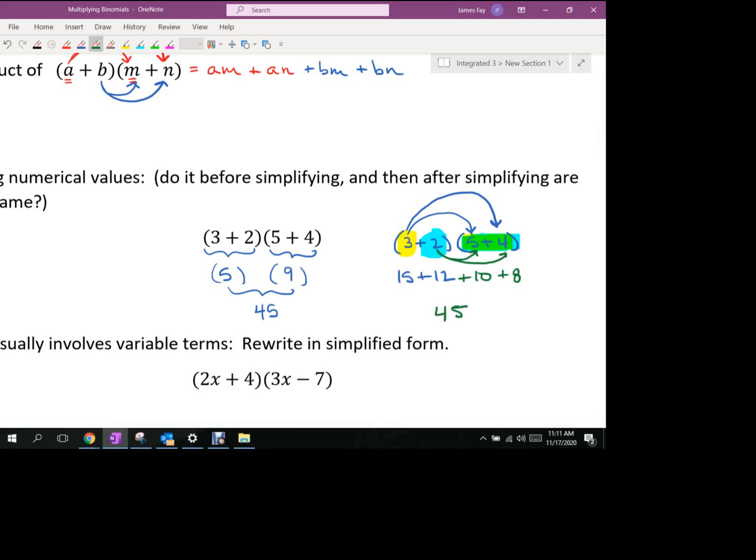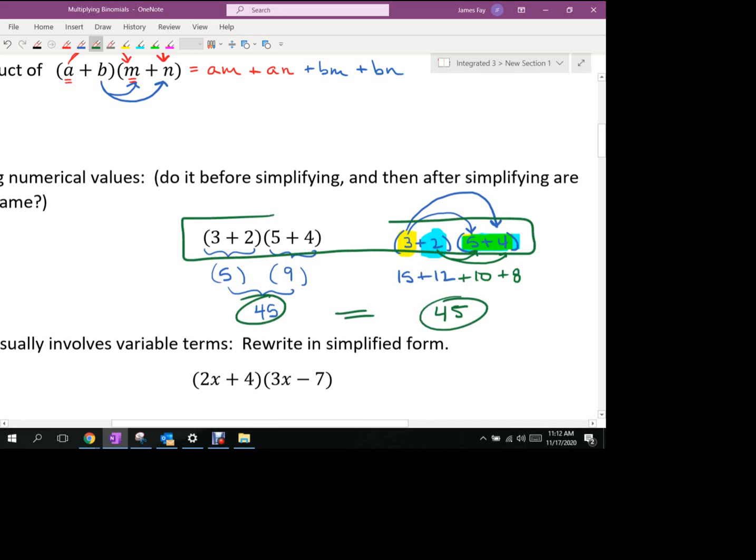Does that demonstrate to you that when we do this foiling or distributive property, it generates something that is true? I know this should be 100% 45 using other techniques. We use this current technique, I still get the same 45. So because those are equal, these two techniques must be equal.